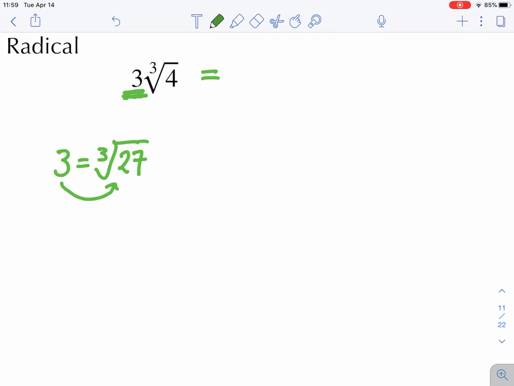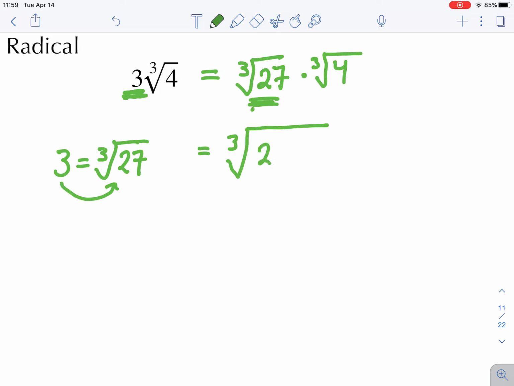So I take this 3 right here, and I replace it with the cube root of 27, because those two things are the same. And I still have this cube root of 4. Now, because these both have the same index, I can just combine them together. The cube root of 27 times 4.